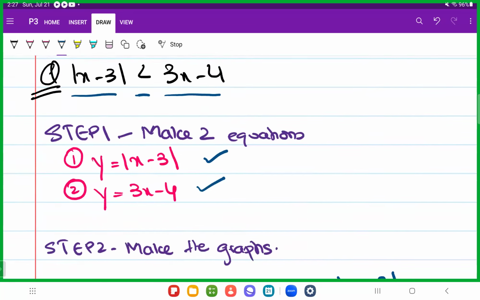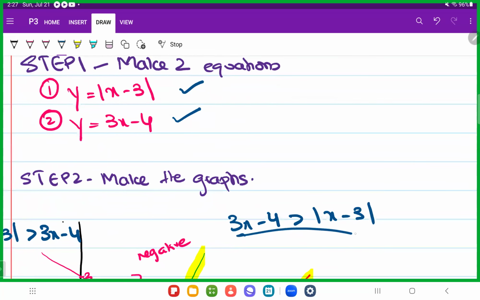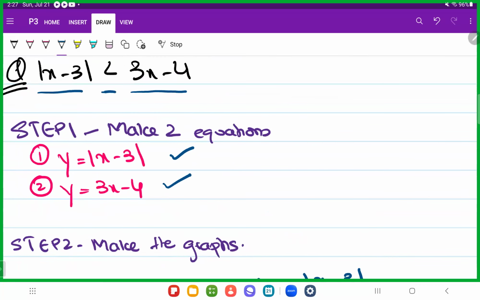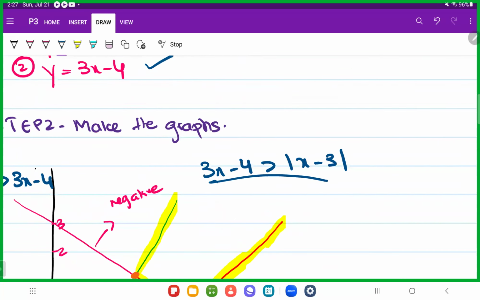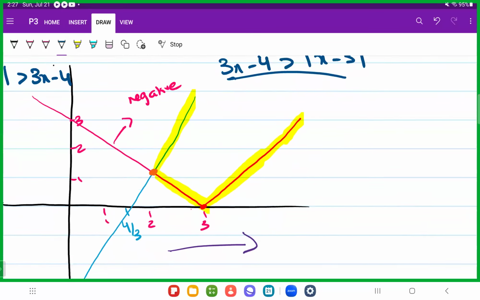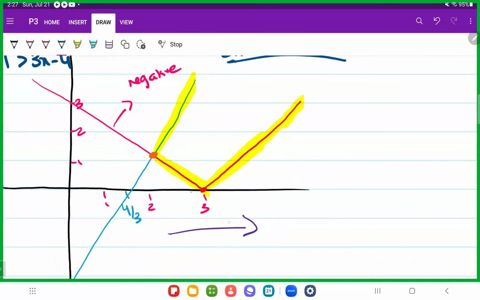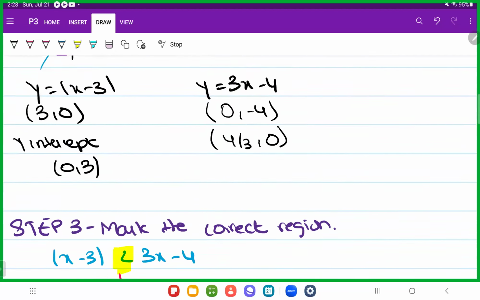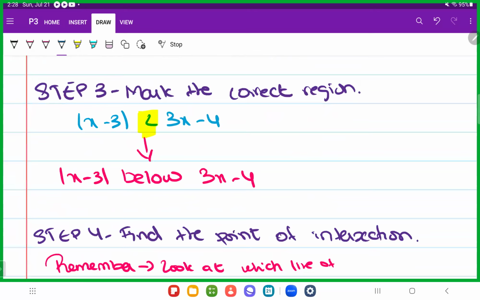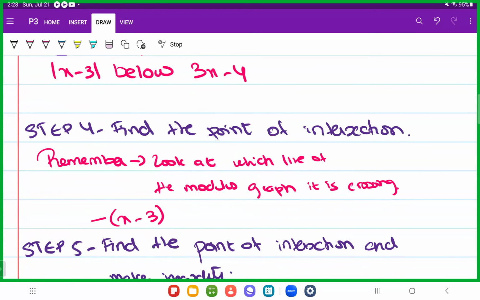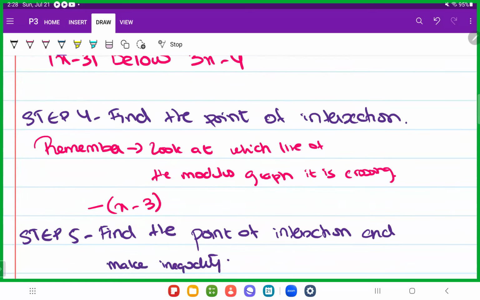And they need this region, right? They need the 3x - 4 to be greater. So that means the answer would be on this side of the point of intersection, greater than the point of intersection. So now you have to find the point of intersection. How do you do that? Look at which line of the modulus graph this is crossing.